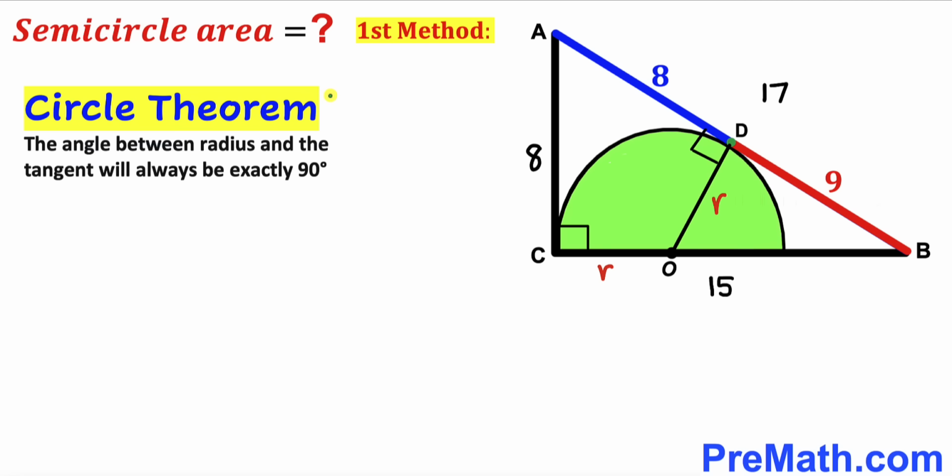Now let's recall the circle theorem. According to this theorem, the angle between the radius and the tangent line will always be exactly 90 degrees. So no wonder this angle has got to be a 90 degree angle, since this is our radius and this whole is our tangent line.